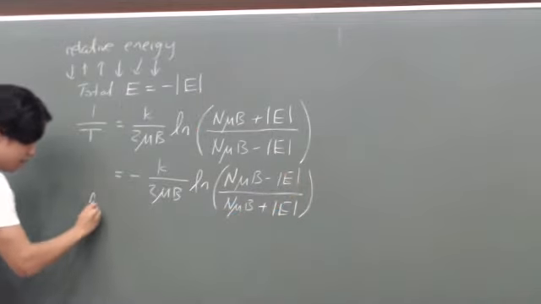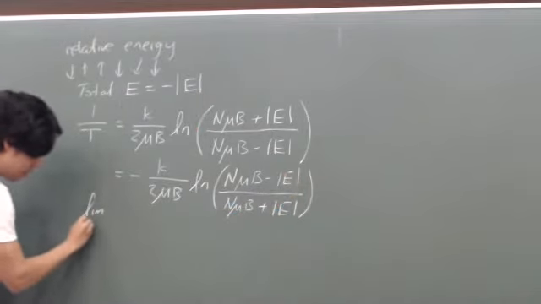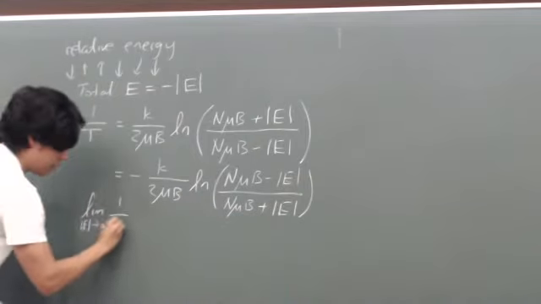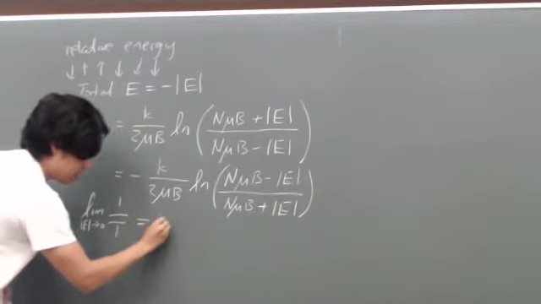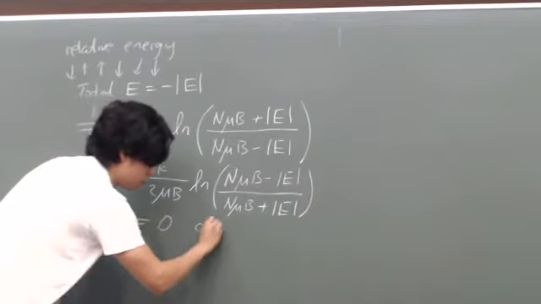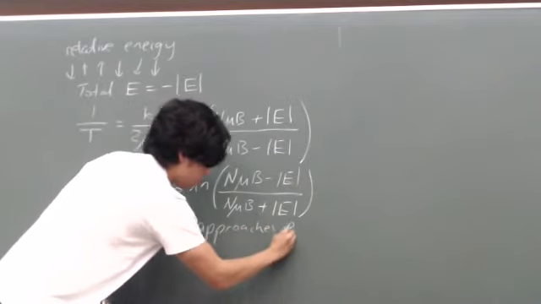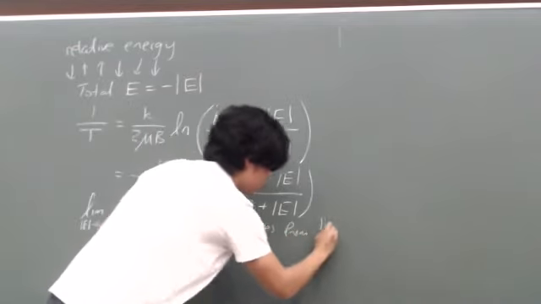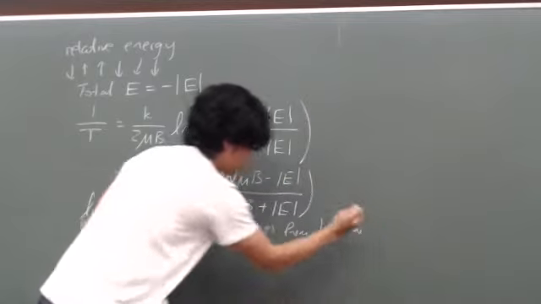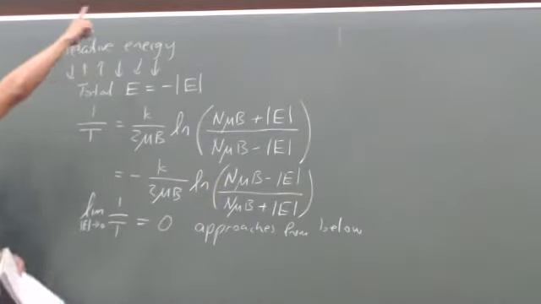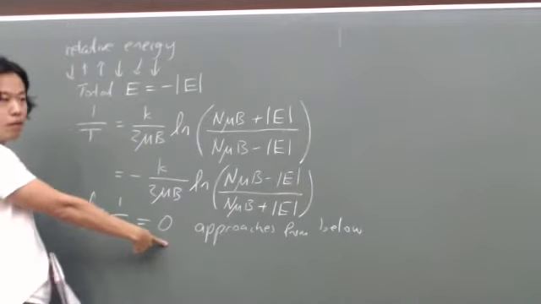Now if I take the limit where the absolute energy goes to 0 of 1 over T, this equals 0 but approaches from below instead. So you still get log 1 in here when you take E to 0, but the difference is that one approaches 0 from above, and this approaches it from below.